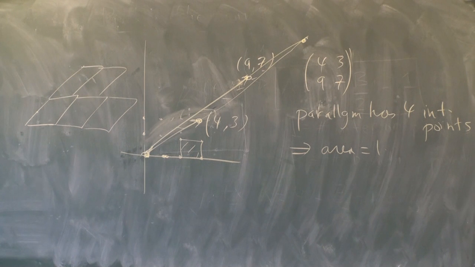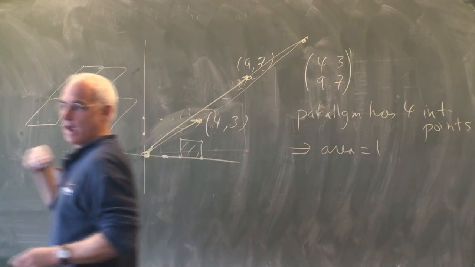Because I've got to cover all of the points in there, 1,000 squared or 1,000,000 squared. And each square takes 4 points, and each parallelogram takes 4 points. So they're each taking 4 points at a time, so the numbers of them have to be roughly the same. Not exactly, because this one's long and skinny and will stick out a little bit beyond the boundary. It won't be exactly the same, but if I take a big square, then they'll be practically the same.